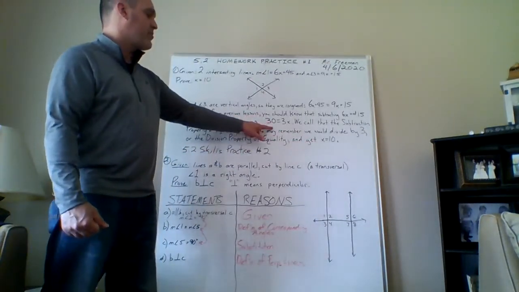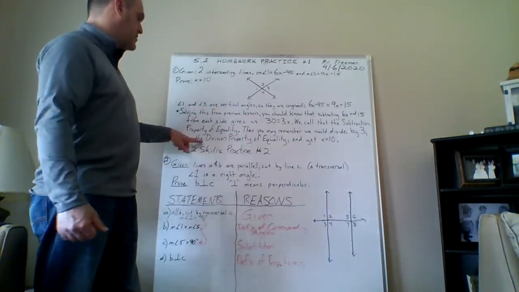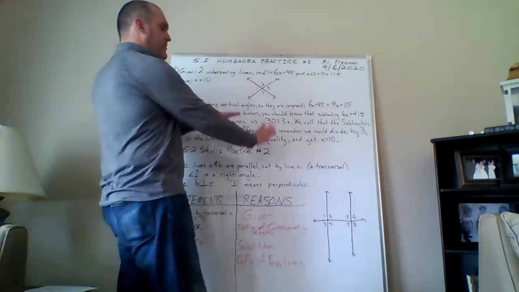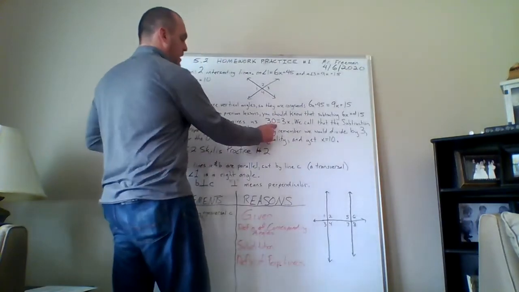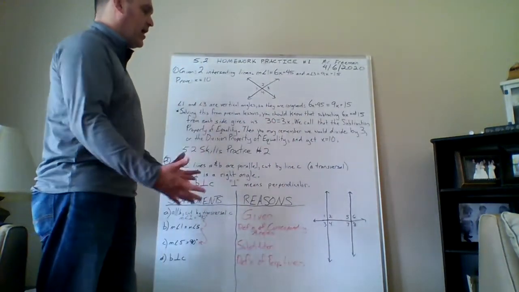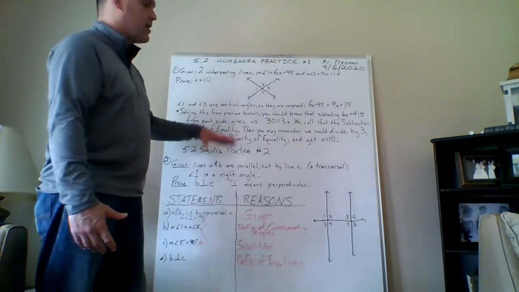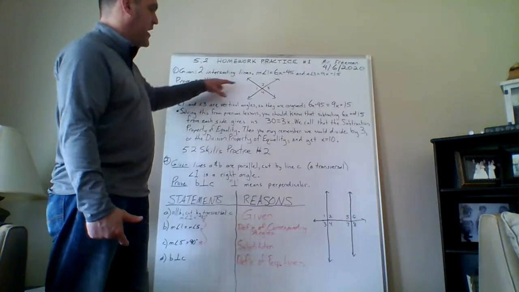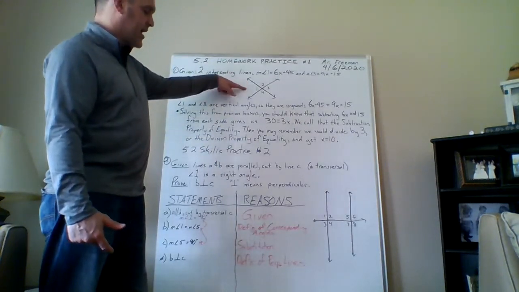That's called the division property of equality, meaning as long as we divide on each side, we're still keeping it equal. Then we get x equals 10, and voila, this is a paragraph style of explaining how we get x equals 10 when these two lines intersect.